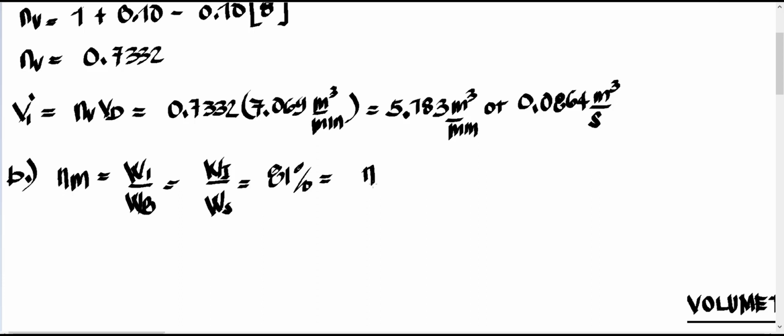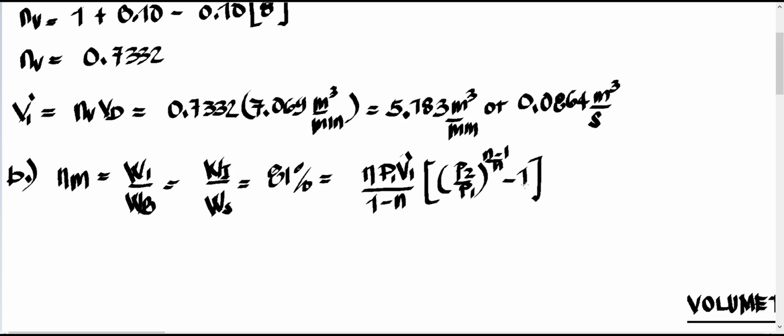We have the equation for the work by the cylinder and piston arrangement: N times P1 V1 prime divided by 1 minus N, then multiplied by the pressure ratio, P2 over P1 raised to the power of N minus 1 over N, minus 1. Then all over the work of the shaft.